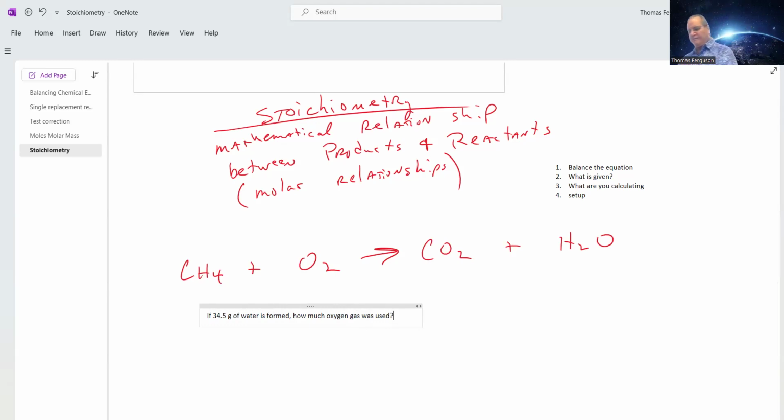Okay, if 34.5 grams of water is formed, how much oxygen gas was used? So this is a very straightforward stoichiometry problem.